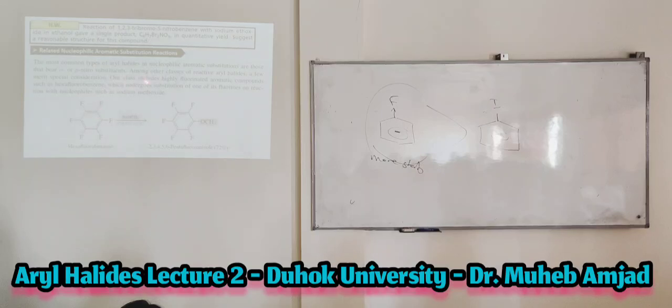One class includes highly fluorinated aromatic compounds like this. Look, all of the positions are substituted with fluorine atoms. So this can also undergo nucleophilic aromatic substitution. Why? Because the fluorine is electron withdrawing and increases the stability of the intermediate.